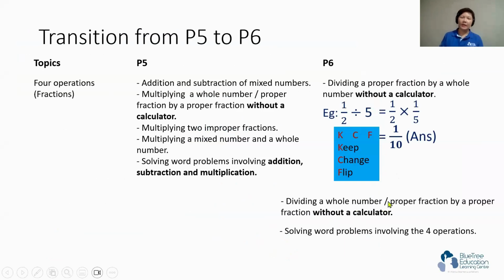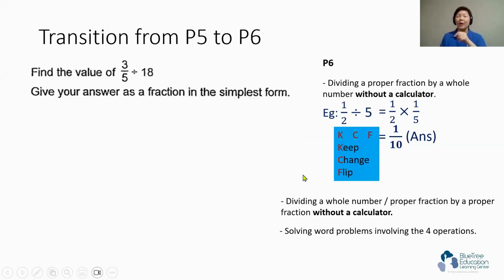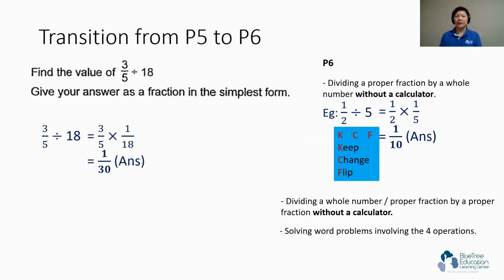So we will have to keep reminding them KFC, KFC. Then they'll say, no, teacher, it's not KFC, it's KCF. Okay, good, drill into their head already. So you change and flip. Keep the first fraction, change the symbol, and then you flip the 5 into 1/5. So this is just fun ways of helping them to remember. This is a super popular question, school paper, PSLE paper, you always see it. So you must help ensure that your child really masters all these things.